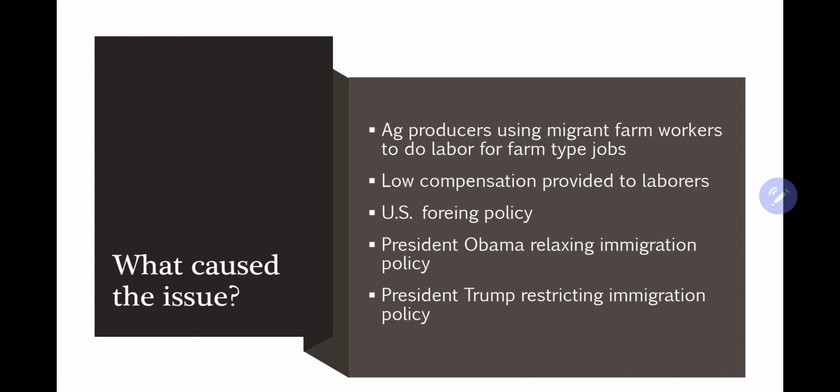So he had some relaxed immigration policies, whereas President Trump, that was one of his big points for his presidency, he wanted to be tough on immigration. He wanted to restrict it, and he's done that. He's restricted the illegal immigration.